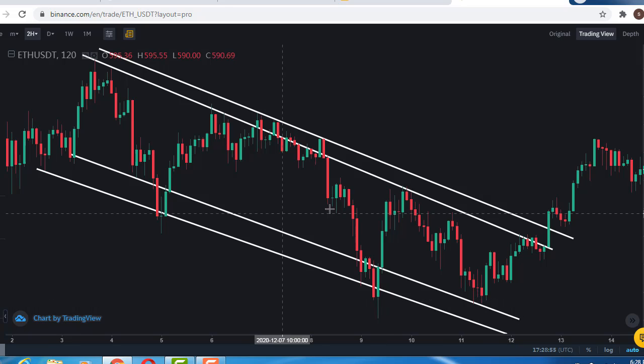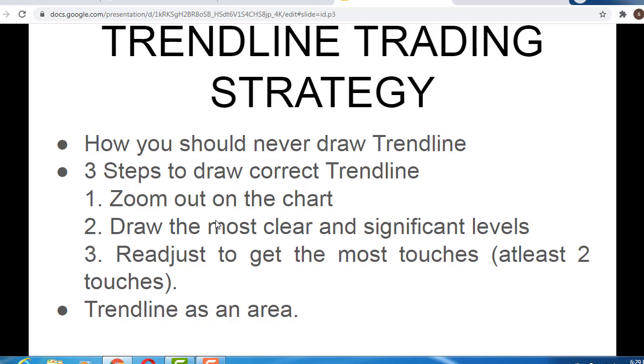That's the channel here. So it's very, very simple to draw a trend line, and when you're drawing a trend line, ensure you follow the rules. You zoom out the chart, draw the most clear and significant levels, then you readjust to get the most touches, at least 2 touches first, and then you are good to go with your trend line.